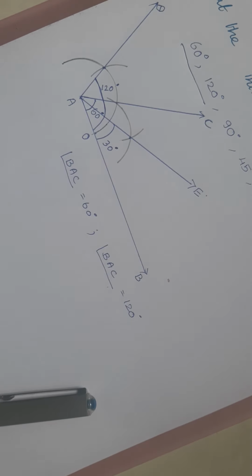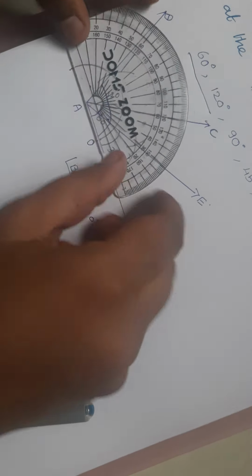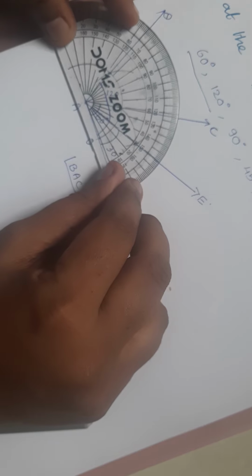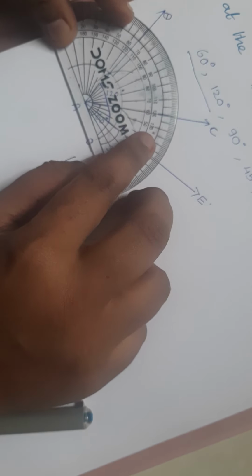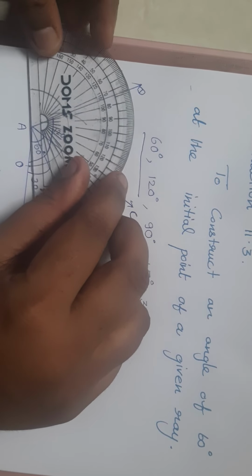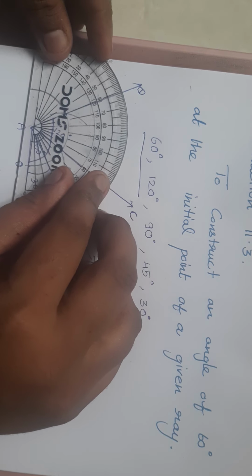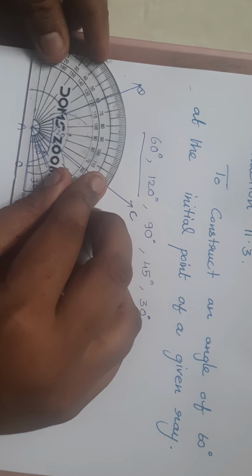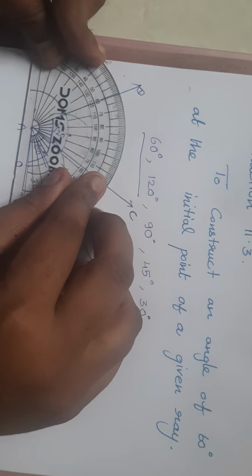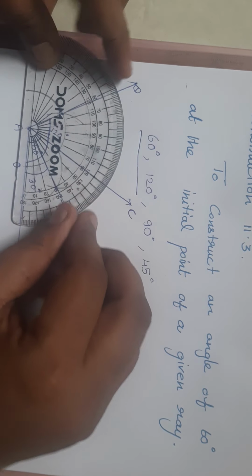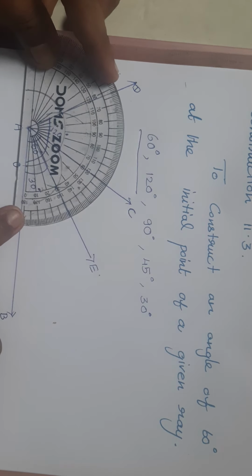Keep your protractor also, and check through it: 30 degrees, 60 degrees, 120 degrees.